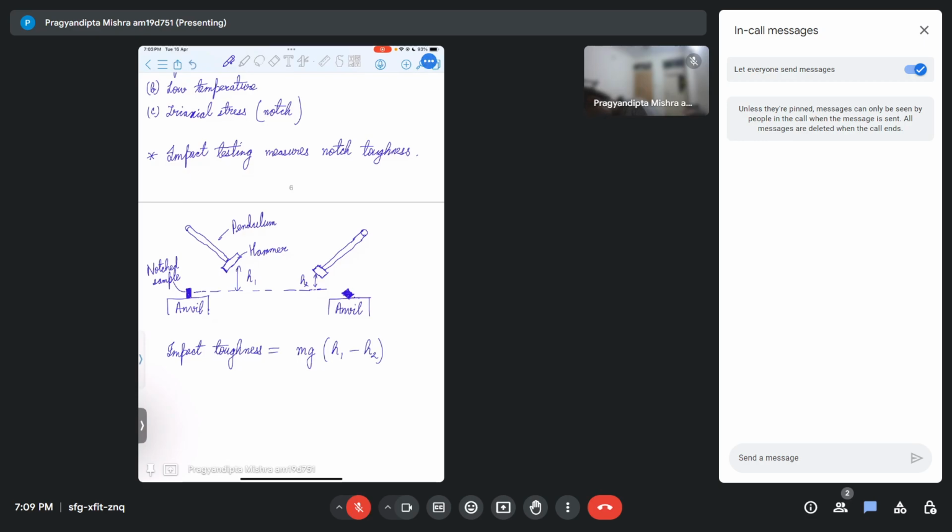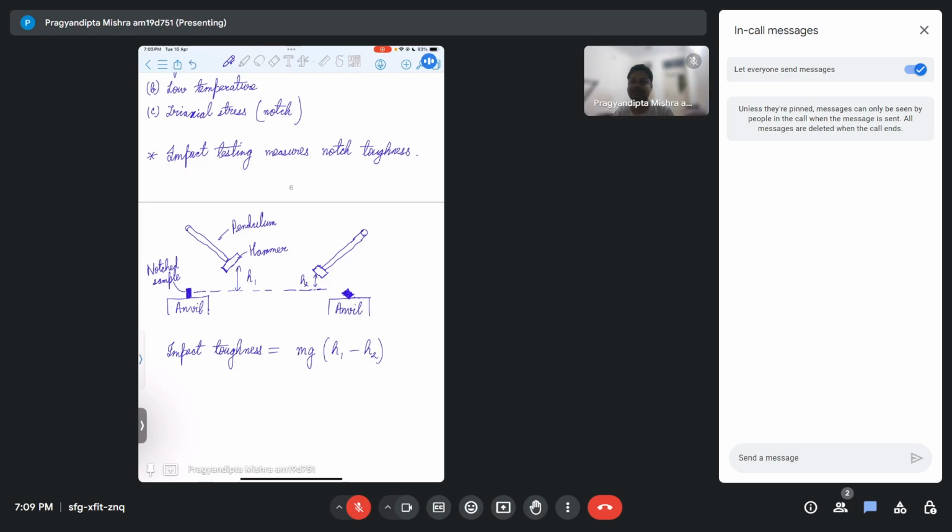Below a particular temperature, you will see only brittle fracture. So there is a temperature transition criterion: the impact energy is affected by temperature, and the fracture appearance is also affected by temperature. If we draw them together, we get a curve something like this.